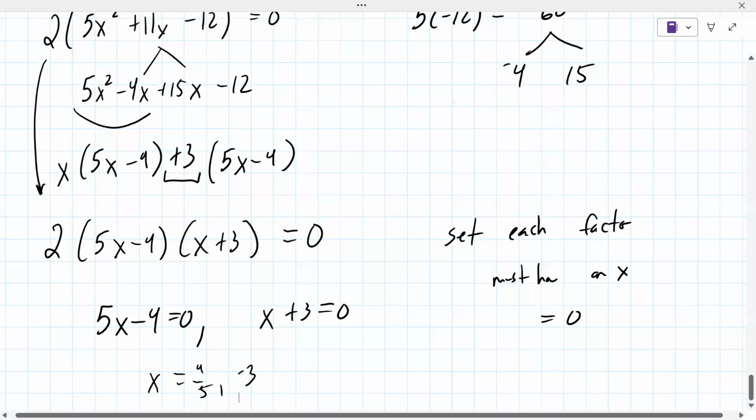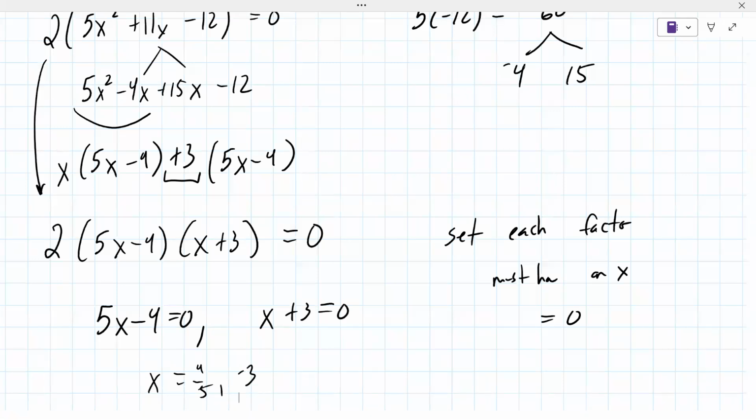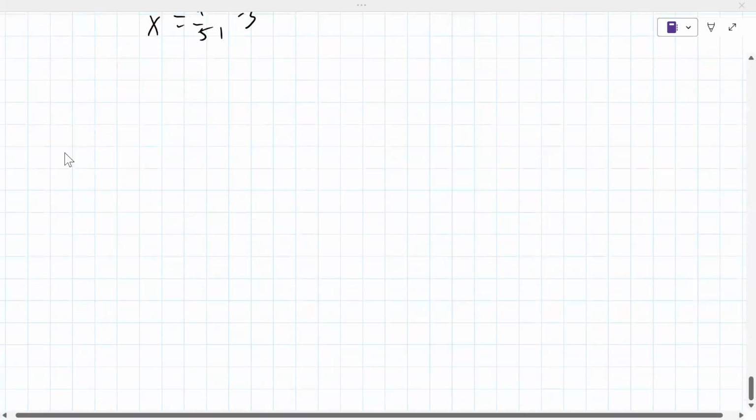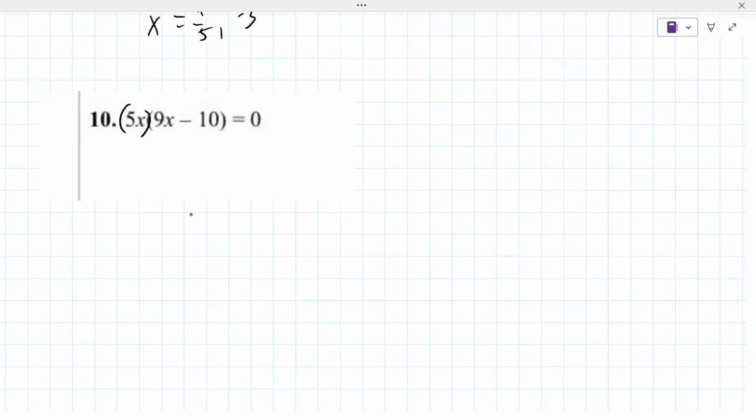Okay, good. Number 10 is already factored. Let's look at that one real quick. We probably should have started with that. So it's already in factored form. The 5x is a factor and the 9x minus 10 is a factor. So you set them each equal to 0. So x equals and x equals.